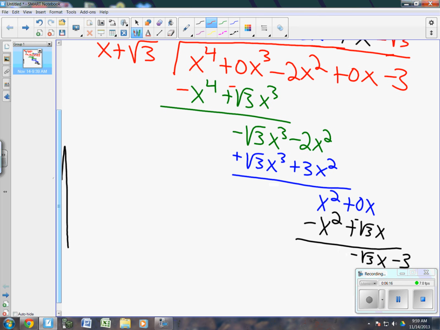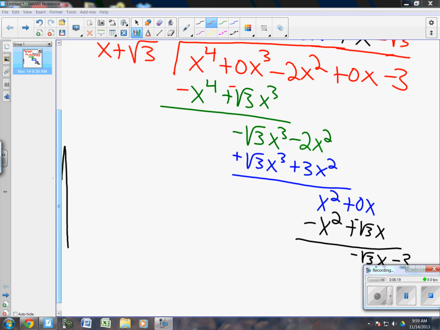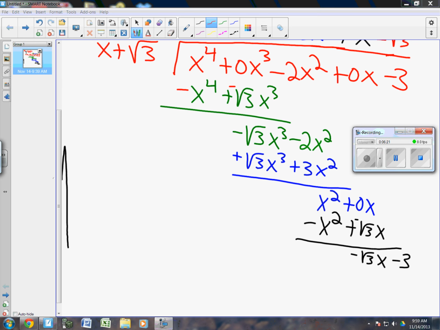So I'm going to get negative square root of 3x. And negative square root of 3 times a positive square root of 3 is going to be a negative 3. Oh, this one's working out too nicely. Too nice. It's too easy. Change the signs and add. What do I get, you guys? I get a remainder of 0. So what is my answer?